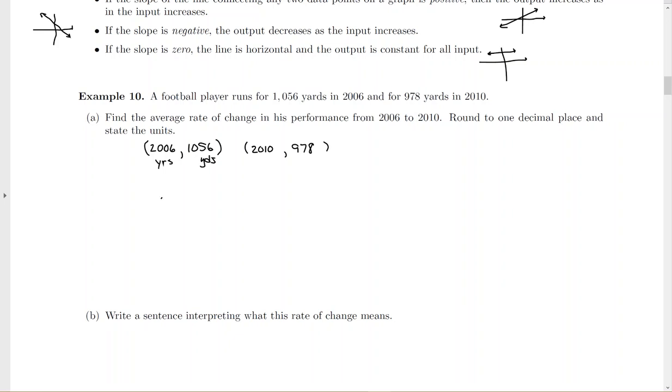So our slope, or our average rate of change, is going to be represented by the slope formula. We're going to call our first point x1, y1, our second point x2, y2, and then use the formula above. y sub 2 minus y sub 1 divided by x sub 2 minus x sub 1.